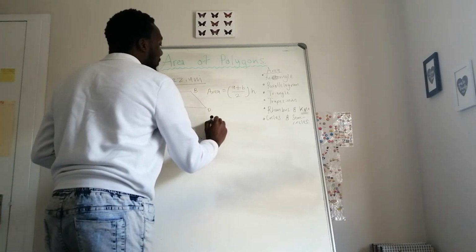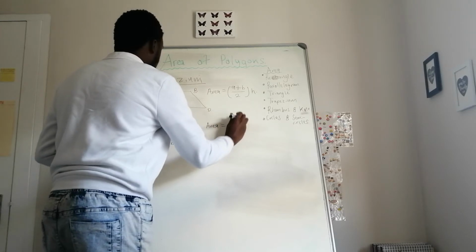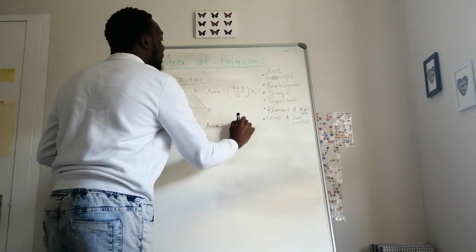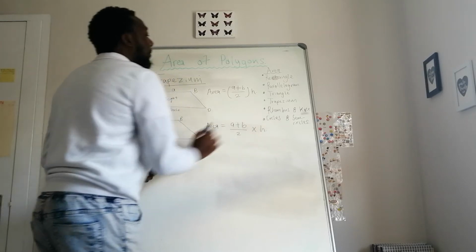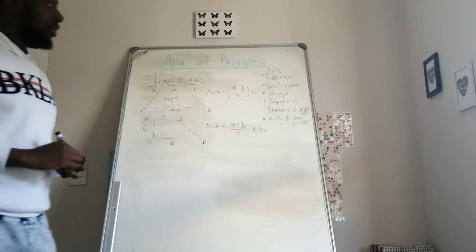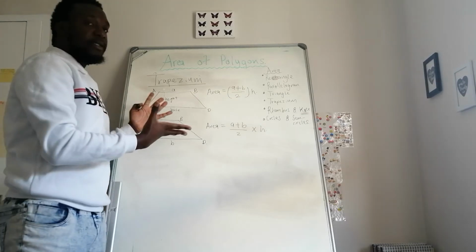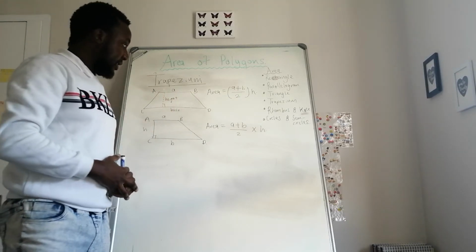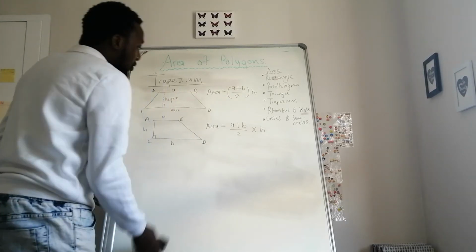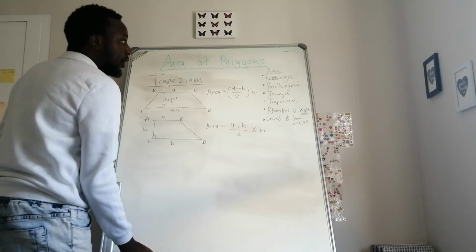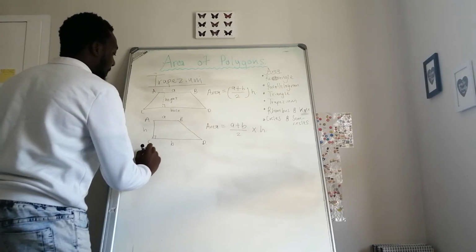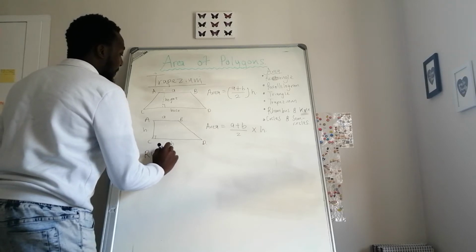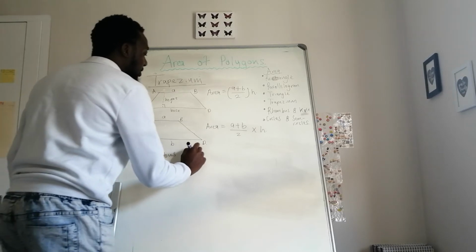And so the area of this trapezium is equal to A plus B divided by 2 multiplied by height, right? Trapezium, hope you guys understand this. And then moving on to the rhombus and kite.